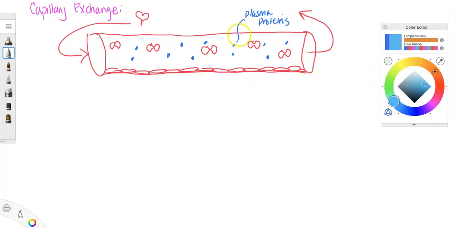There may be a few white blood cells in there. There's going to be oxygen in there. Probably going to be some glucose in there, right?